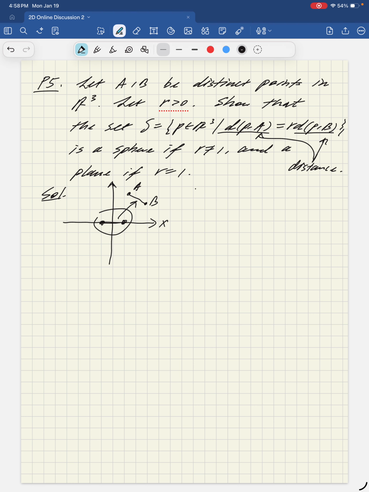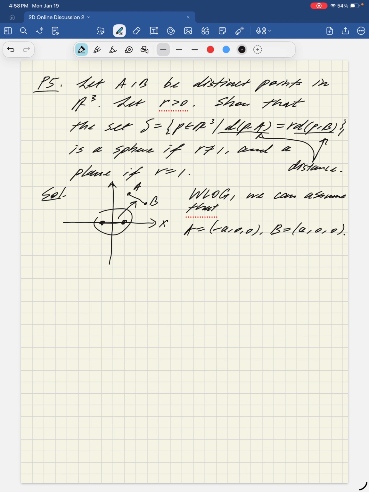So without loss of generality, we can assume that my A is equal to negative a, 0, 0, and B to be a, 0, 0.